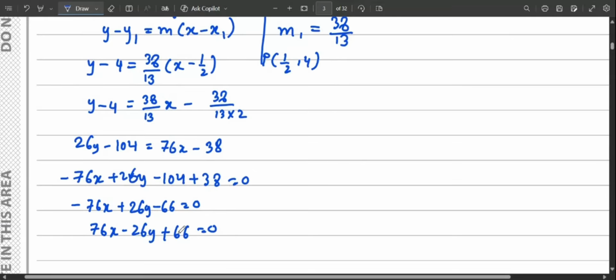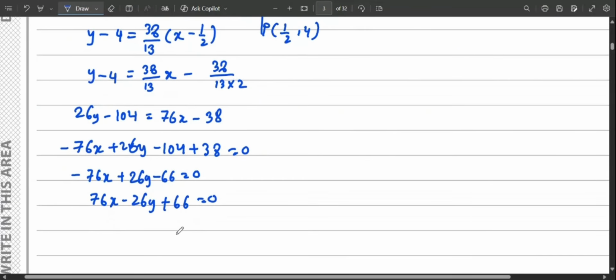We can divide by 2. Divide by 2 for every single term, and we will get 38x minus 13y plus 33 as our answer. And this will be our equation for the tangent.